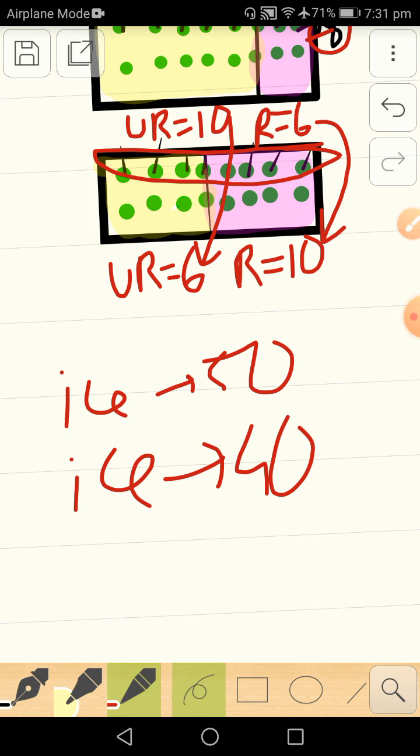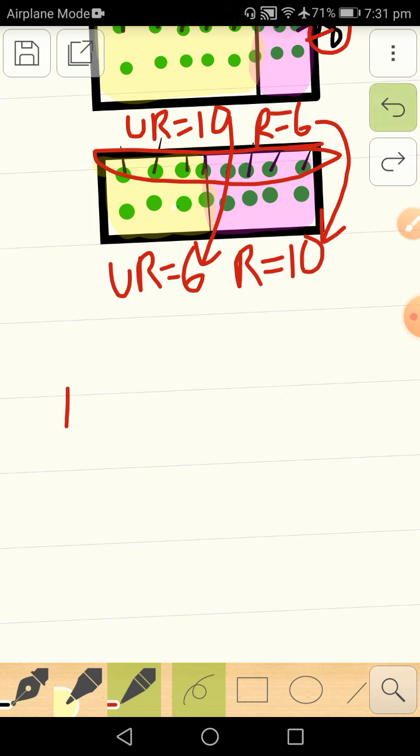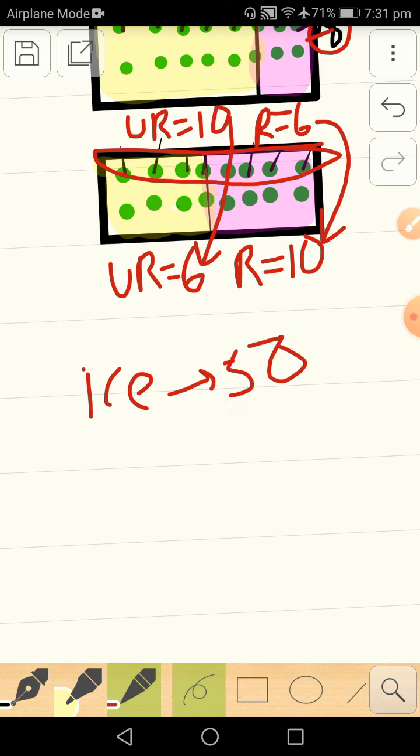Or better I put the example like this. Ice cream has got the cost of 50, and now you have the amount 30.